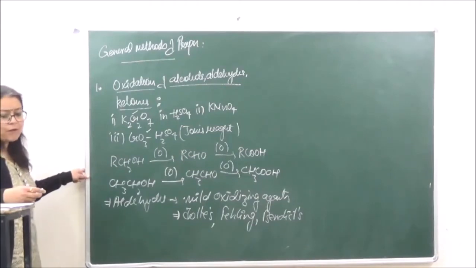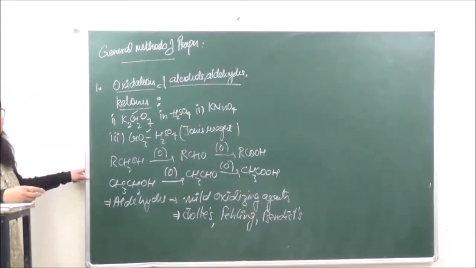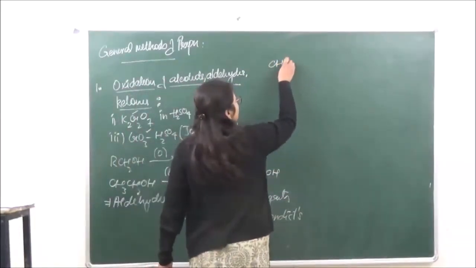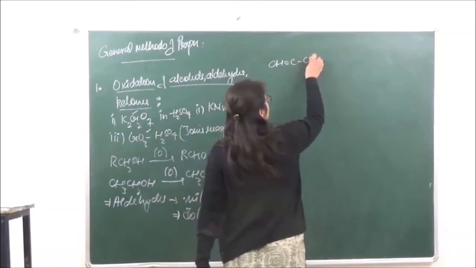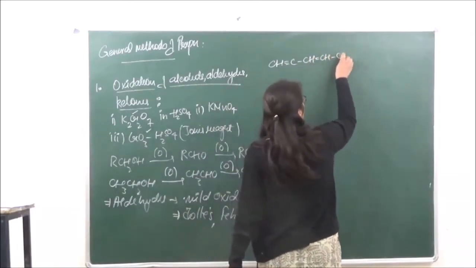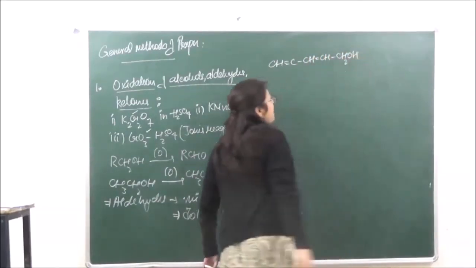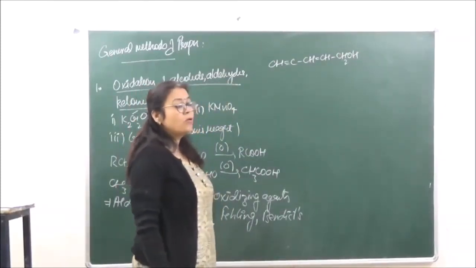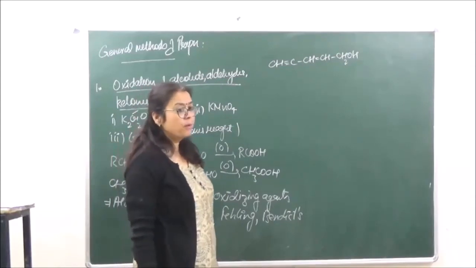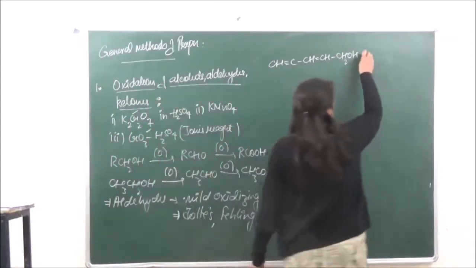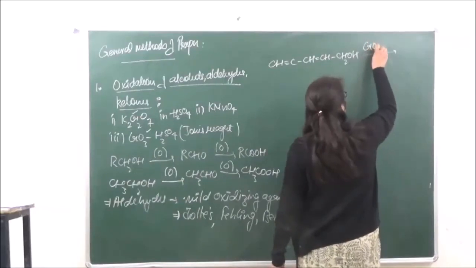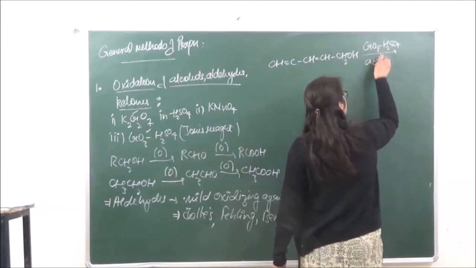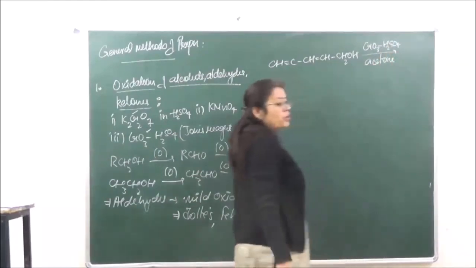Now when we are talking of unsaturated alcohols, as for example we have this compound, and we need to form an acid without affecting the double and the triple bond over here, we use chromium trioxide in H2SO4 in acetone.